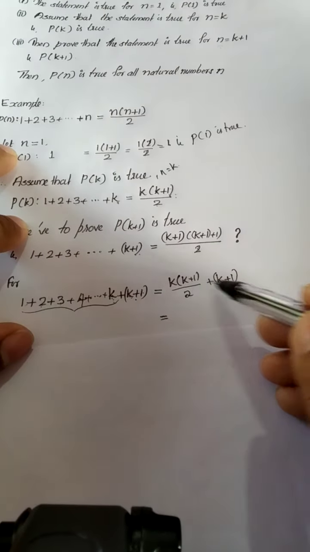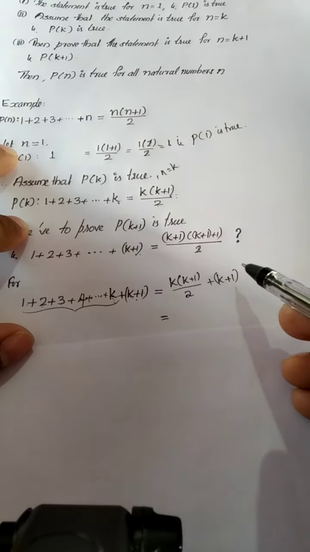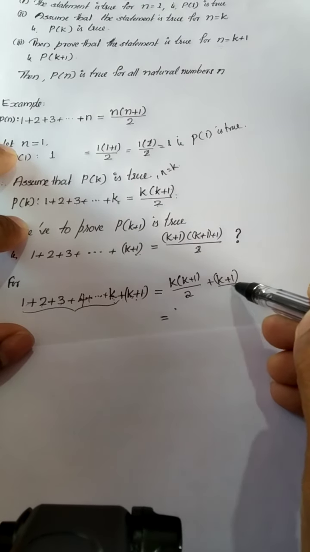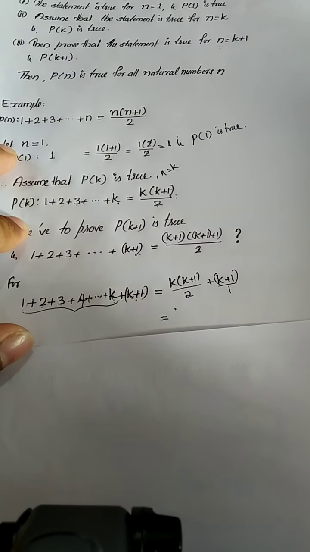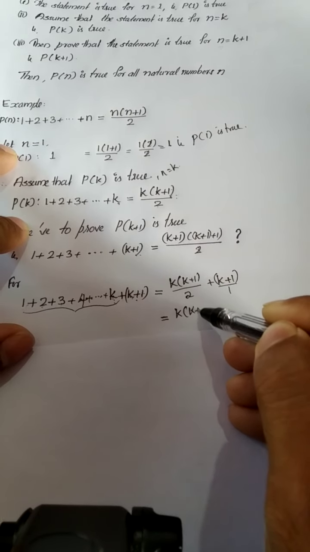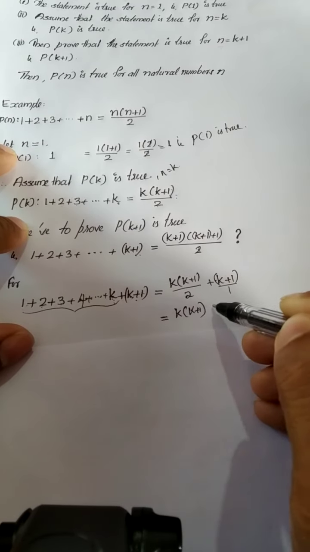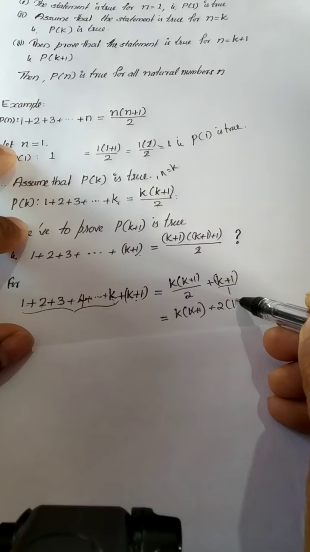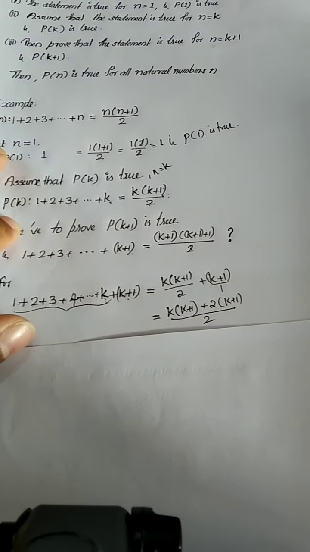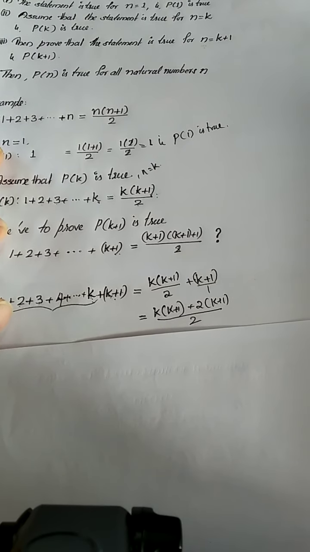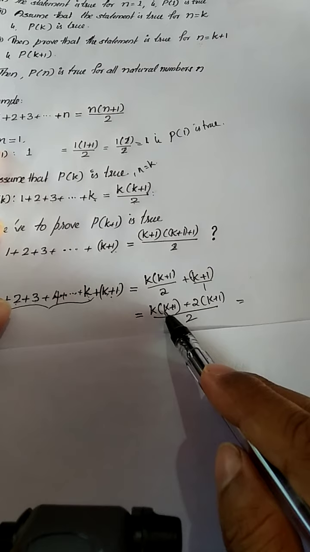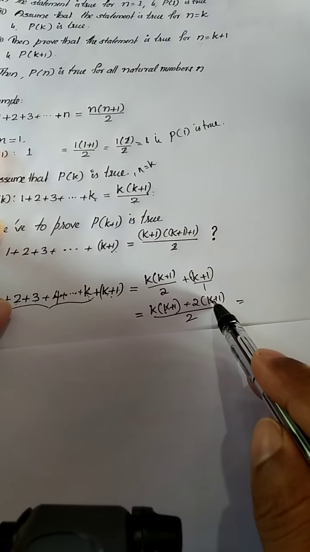Next, cross multiplying these two terms, we can write k plus 1 as k plus 1 divided by 1. By cross multiplying, we get k into k plus 1 plus 2 into k plus 1, divided by 2. Here we have k plus 1, and also in this term we have k plus 1.